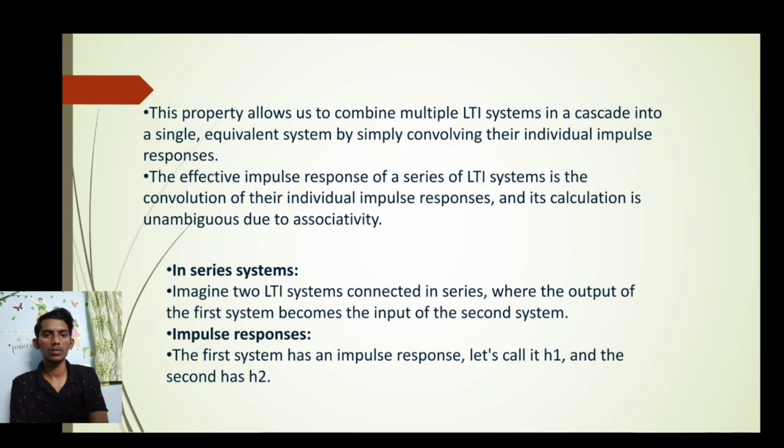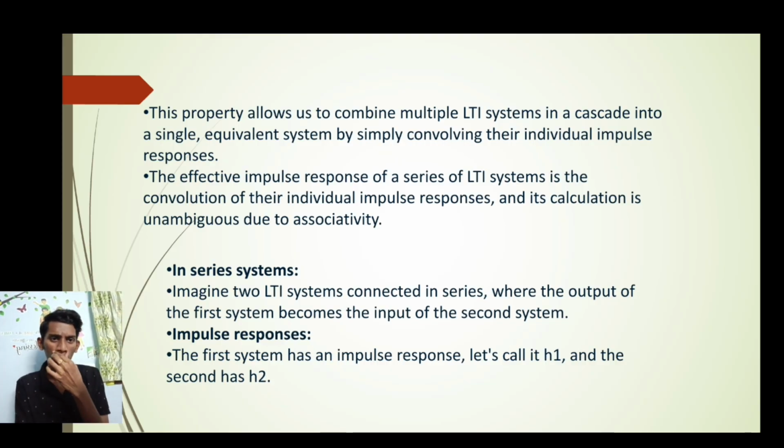In series systems, imagine two linear time invariant systems connected in series, where the output of the first system becomes the input of the second system. The first has impulse response, let's call it h1, and the second has h2.